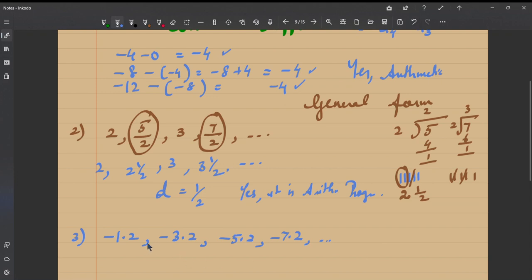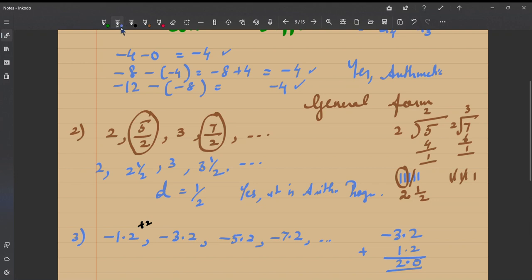So A2 minus A1 would be what? Let me do the calculations here. Minus 3.2 minus of minus 1.2 would be plus 1.2. What is the difference? 2 minus 2 is 0, a decimal, and 3 minus 1 is 2. So the difference is 2. That is, if you add 2 to this, you get the next term.